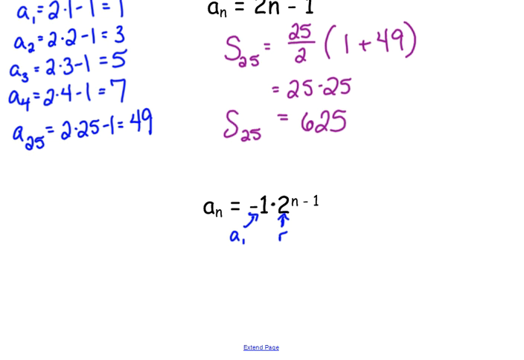Okay. So let's look at our series equation. What do we need? We need the first term, -1 times 1 minus the ratio 2 to the nth. Well, first 25 terms, so n is 25, over 1 minus the ratio.